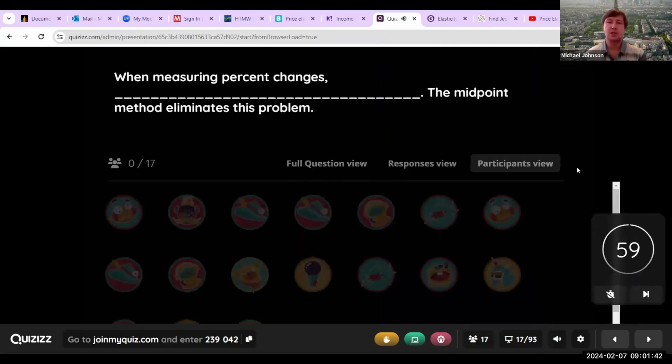So when measuring percent changes, fill in the blank: the midpoint method eliminates this problem.